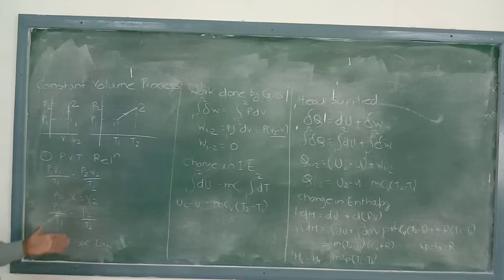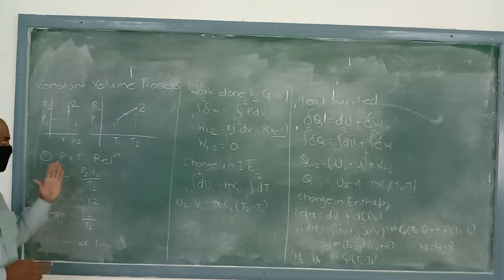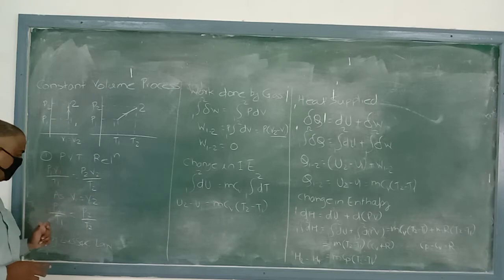Suppose the process goes on, it becomes P3 upon T3, and so on, constant. So this is the PVT relation between the pressure and the temperature in the constant volume process.